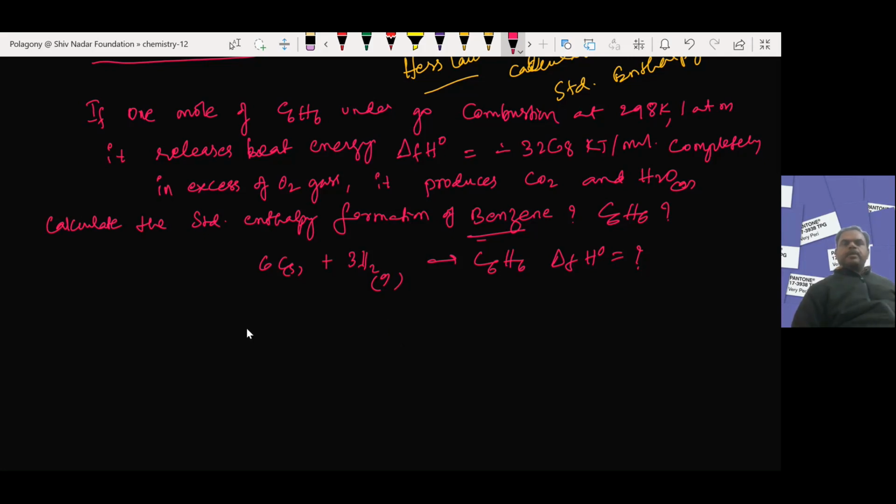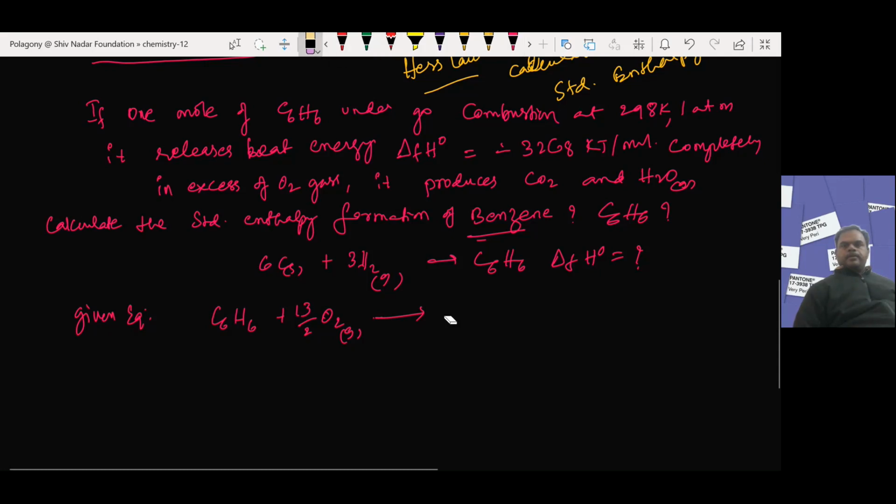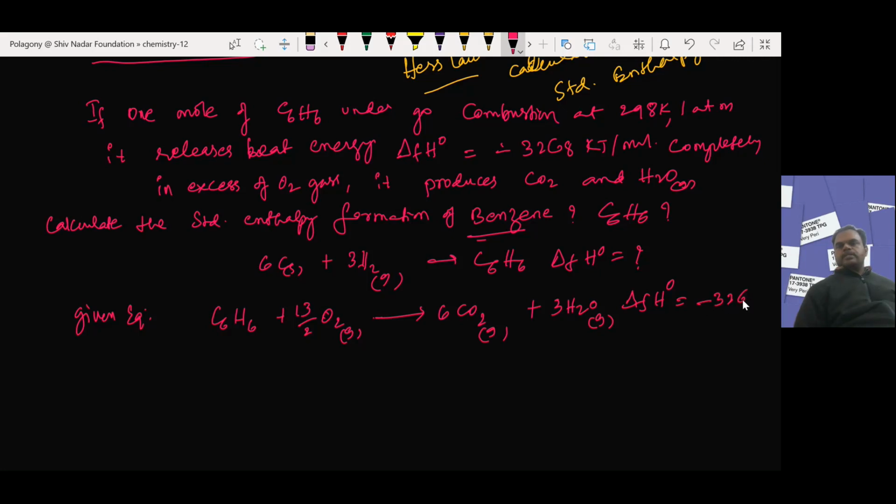Let us discuss. What is the given equation? The given equation is C6H6 plus 13 by 2 O2 gas changes into 6CO2 gas plus 3H2O gas, and the standard enthalpy change of this reaction is given as -3268 kilojoules per mole.